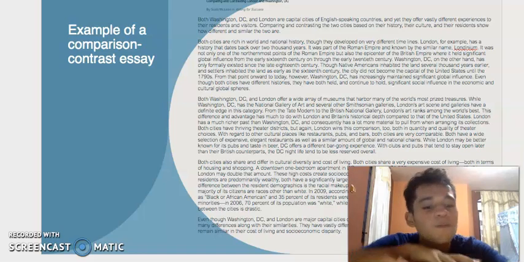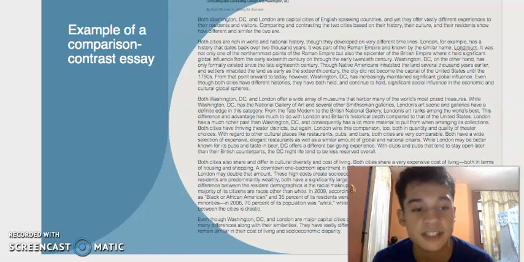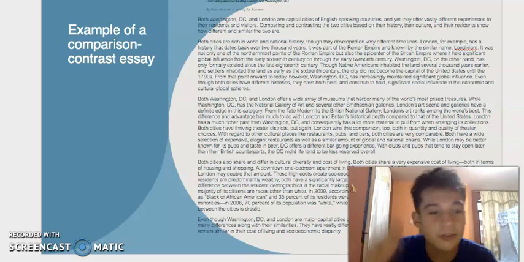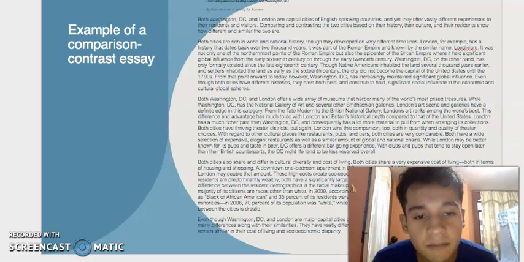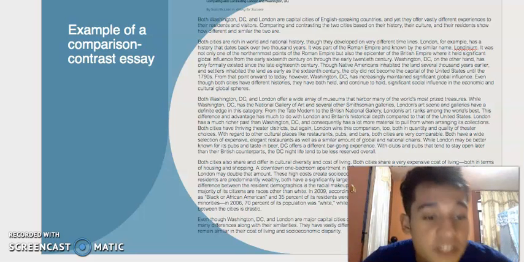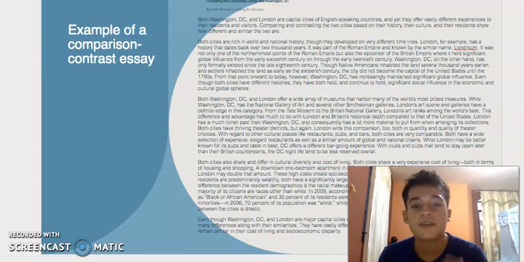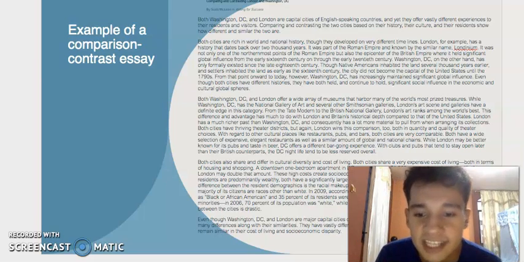And yet they show a variety of differences. For example, the currency, one has dollars, one has pounds, and how they live, their lifestyle, their different kinds of accents, their different kinds of arts, museums, etc. So this is a perfect example of a comparison and contrast essay.